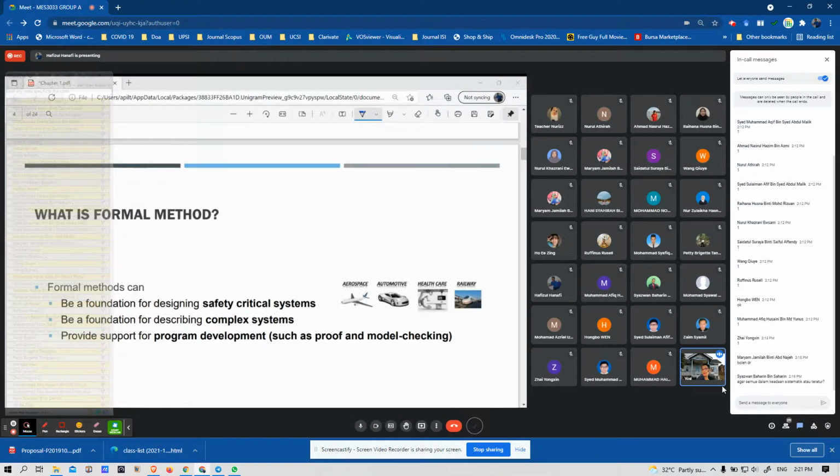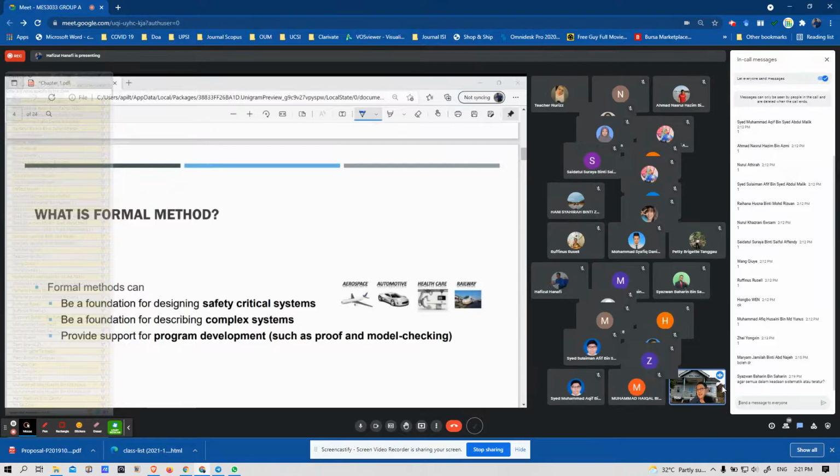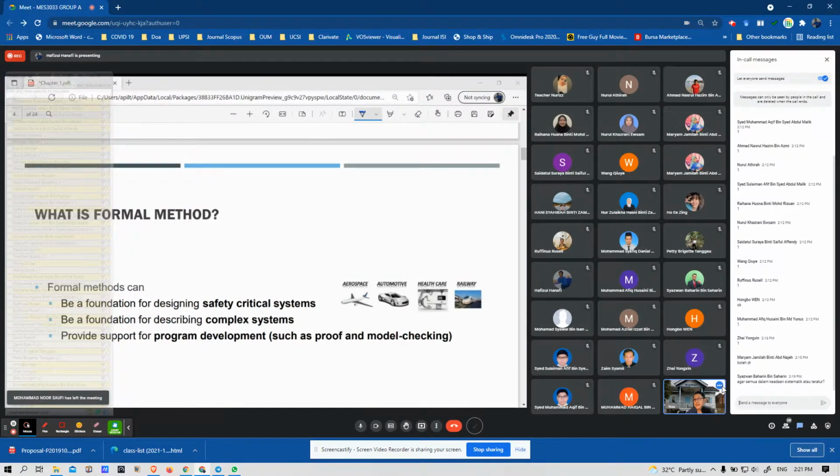What is the safety critical system for healthcare? Intubation machine. The intubation machine uses formal methods because it is very critical.